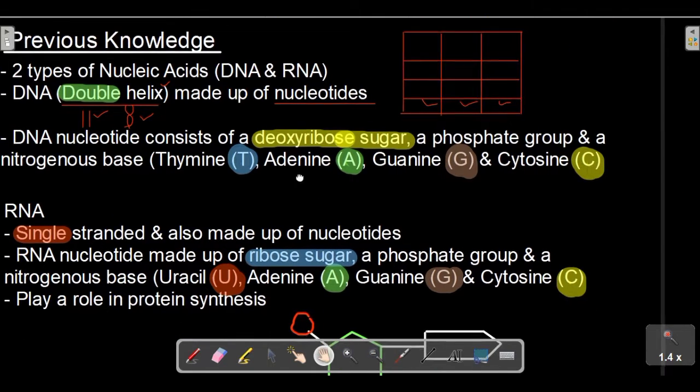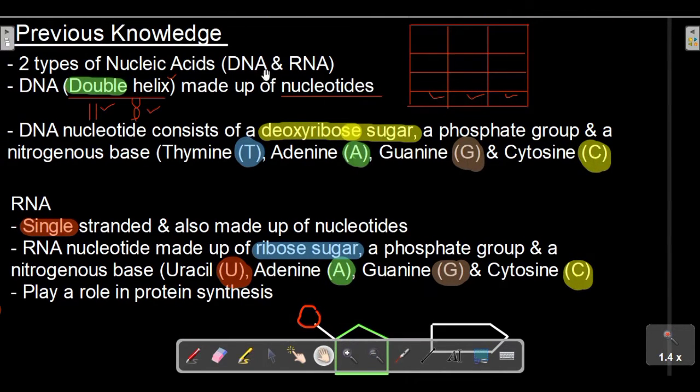And then we also described the nucleotides of DNA, particularly, which we said is made up of three parts, which is the deoxyribose sugar. So note the name of the type of sugar, right? We said it's a deoxyribose.